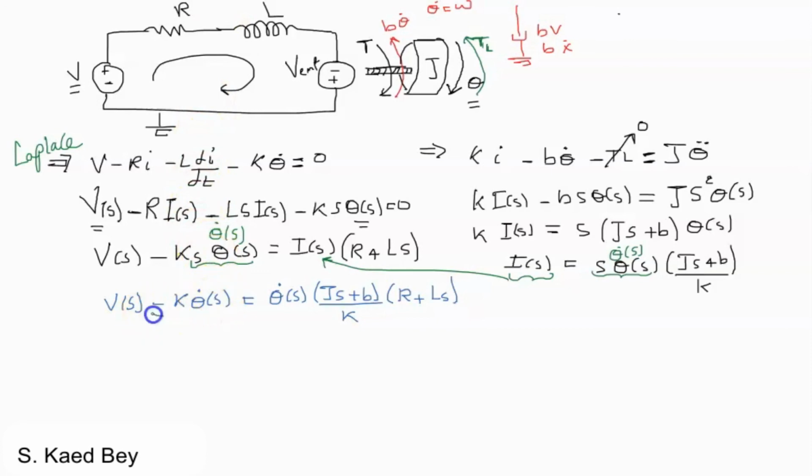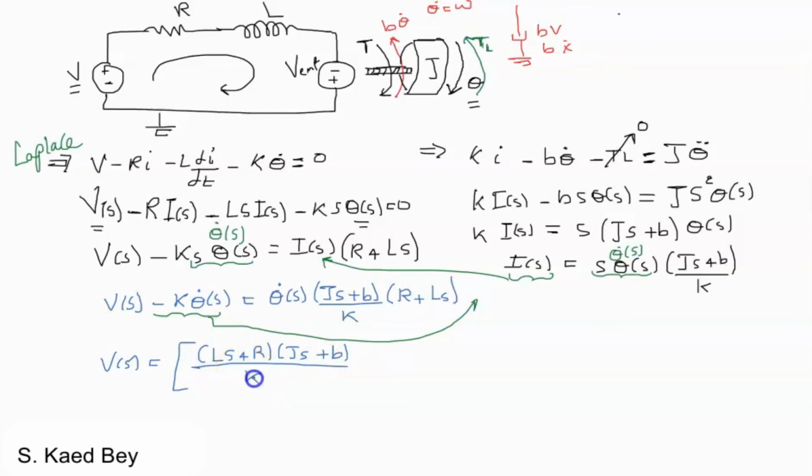Now moving this term to the right hand side and taking theta dot(s) as a common factor, we have V(s) equals (L s plus R) into (J s plus B) over K, plus K, multiplied by theta dot(s).